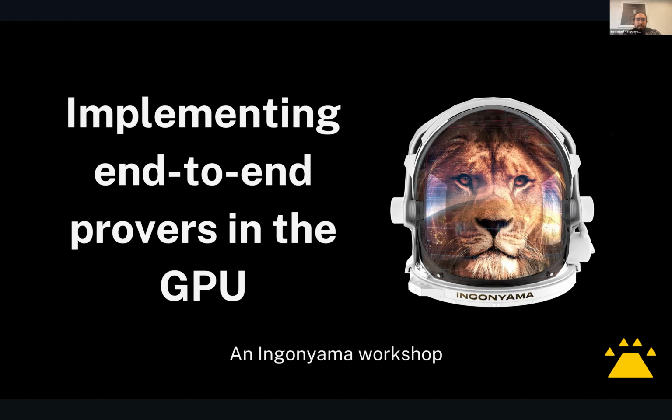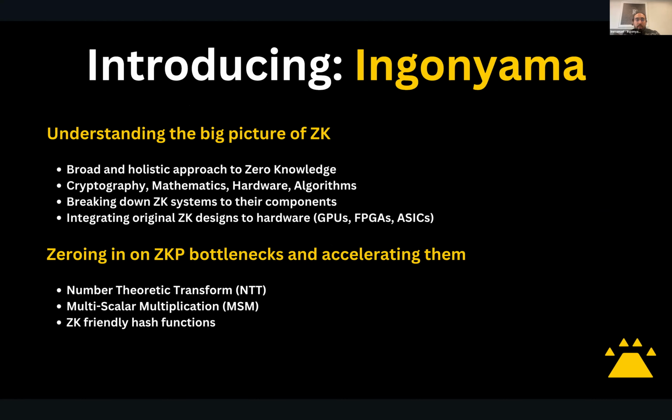So I'll begin by introducing myself and Ingonyama. My name is Emmanuel Segal. I'm a product engineer at Ingonyama. Ingonyama is a hardware acceleration company for cryptography, and we focus primarily on ZK and on fully homomorphic encryption, FHE.